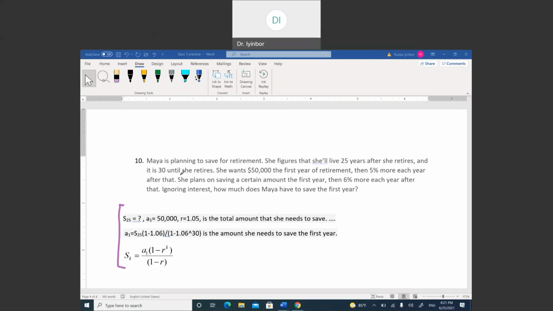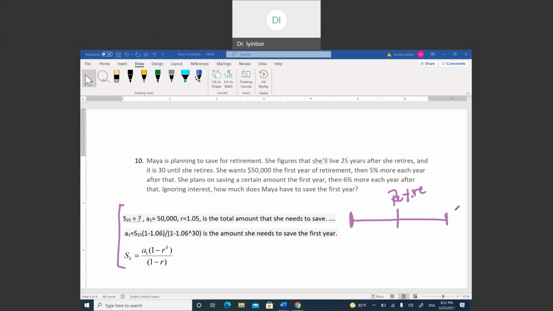So here you just have to look at this. It's like a graph. So this is now, this is the time when she retires. So this is the year she retired. And then this is the time she passed away.